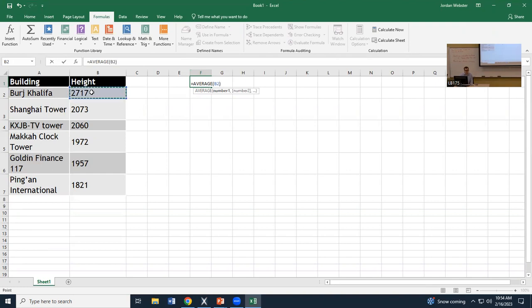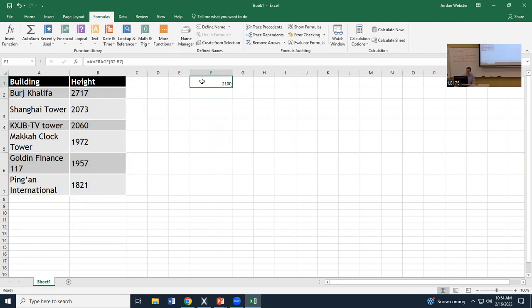I want it to take the average of these numbers. I can just click my mouse and carry that and highlight all those numbers. And so this says equals average B2 colon B7. So this is averaging the numbers all the way from B2, that's column B, row 2, all the way to B7, column B, row 7. And then I hit enter.